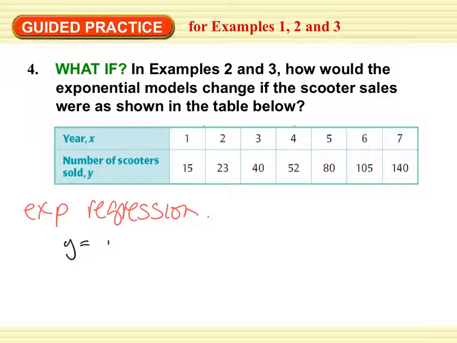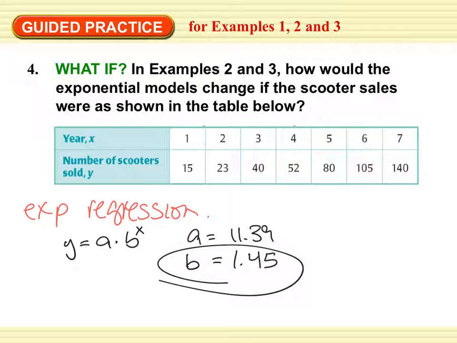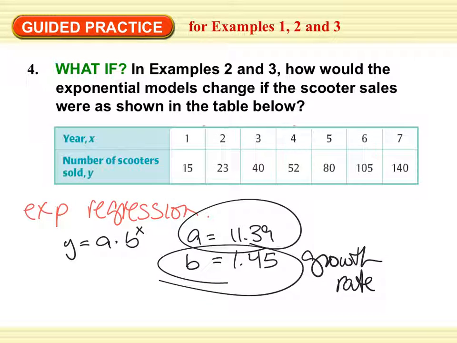So y equals a times b to the x, where a equals 11.39 and b equals 1.45. So our growth rate is that, and then our initial amount.